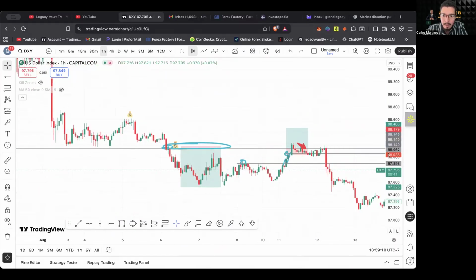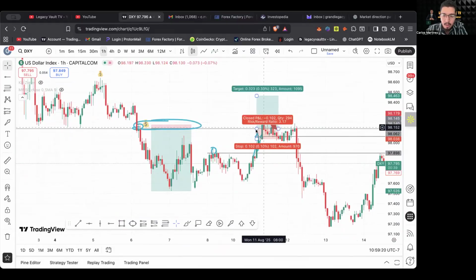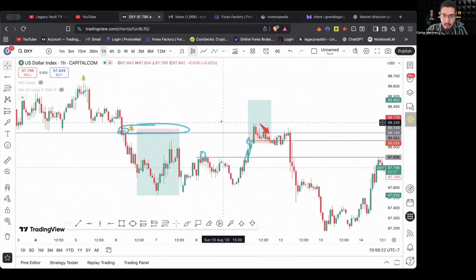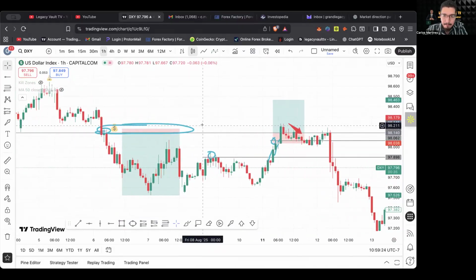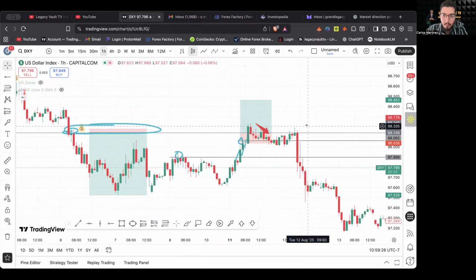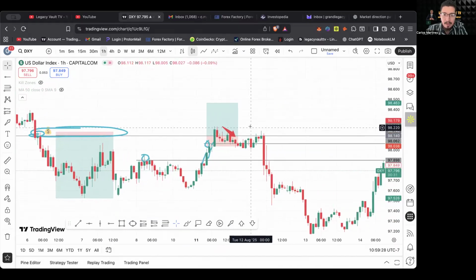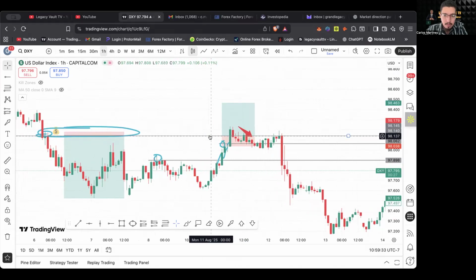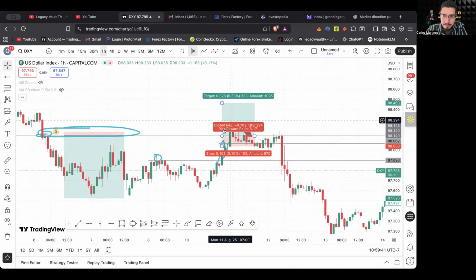So you do not want to enter when you see this happening. You have to wait for other confirmations for a successful trade entry. This alone does not mean that, okay, I see break of structure, I see a continuation, I see a slight continuation to the upside.